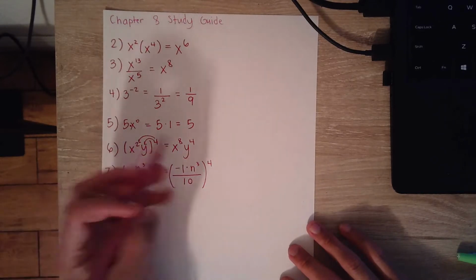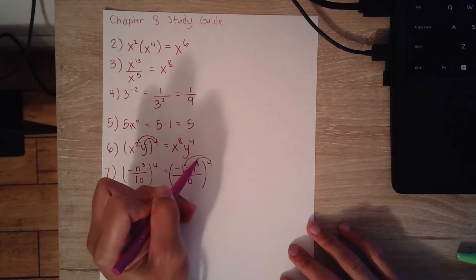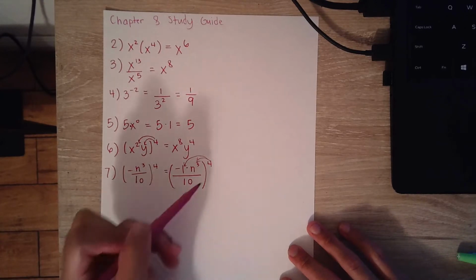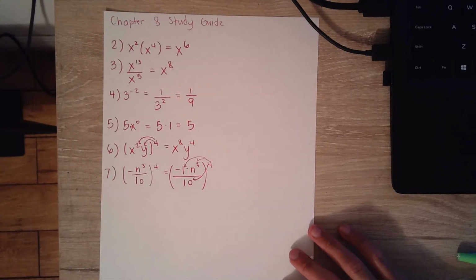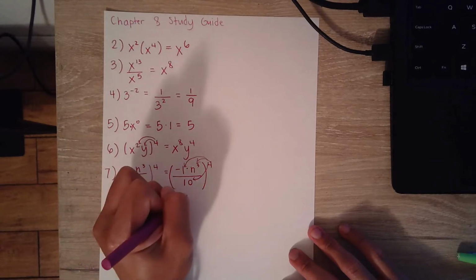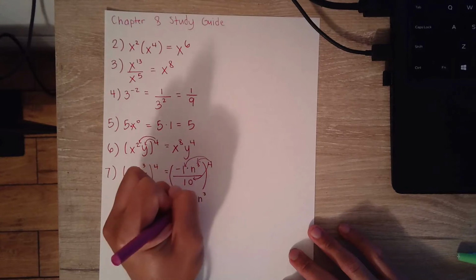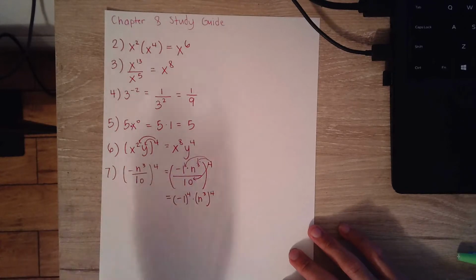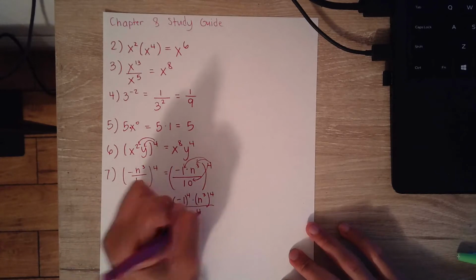So we go ahead and distribute that 4 to each of these, just as we did with problem number 6. And we have to distribute that 4 to the 10 as well. So doing that, we get, well, -1 to the 4th power multiplied by n cubed raised to the 4th power, all divided by 10 to the 4th power.